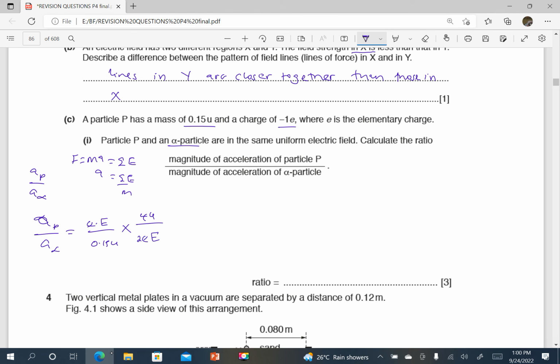And you realize that this is going to give us 4 over 0.15 times 2. And this is giving me 13.3 or approximately 13. So that is the ratio.